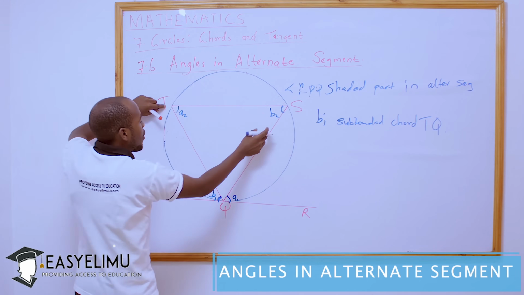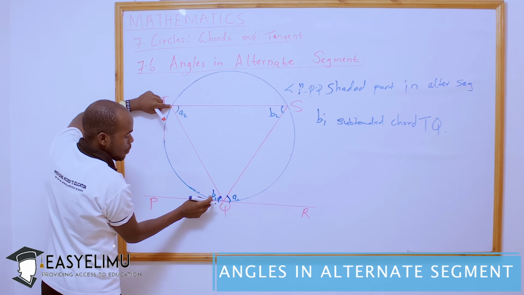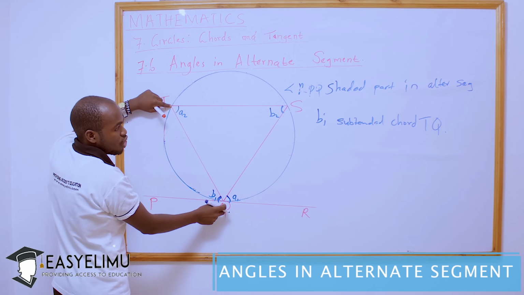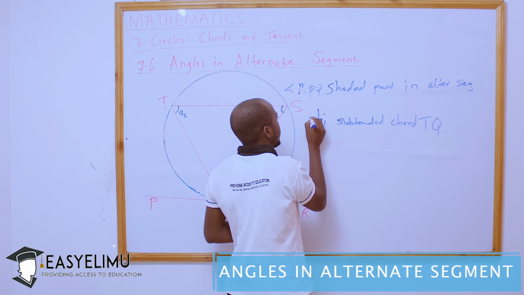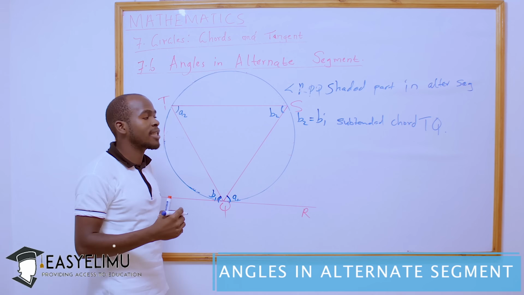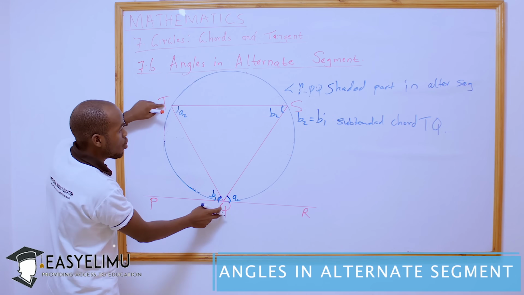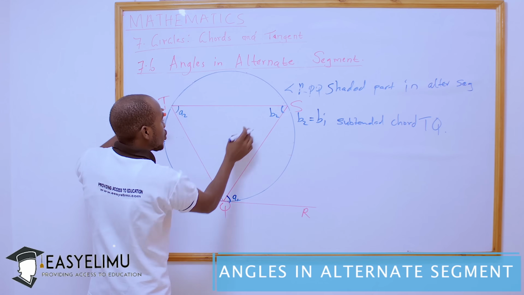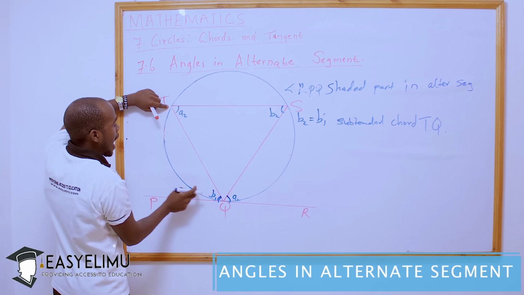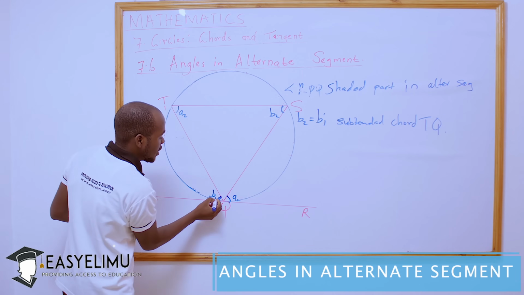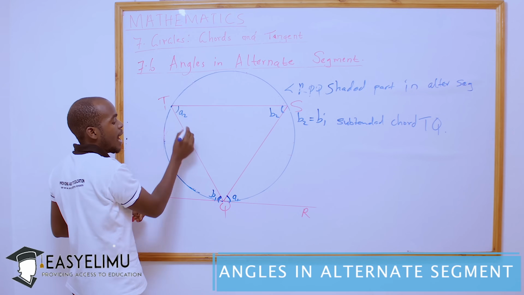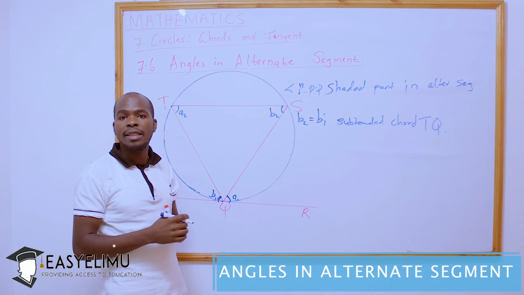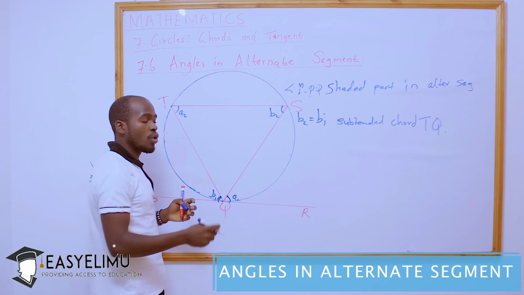The two angles B1 and B2 are subtended by the same chord TQ, so B1 is equal to B2. Otherwise, if you don't want to talk about the chord, you can also say they are equal because they are subtended by the same arc length, TQ. This arc starts from that point up to there, and the same for that one is from that point to T. So it's the same arc length or the same chord TQ.